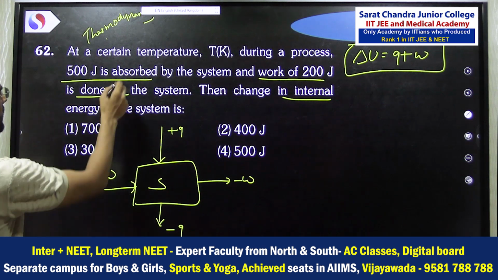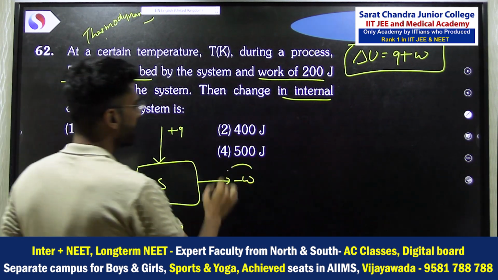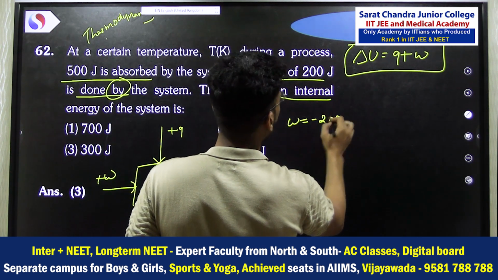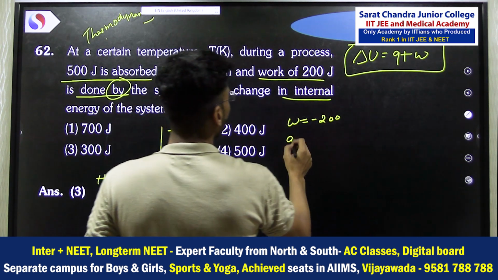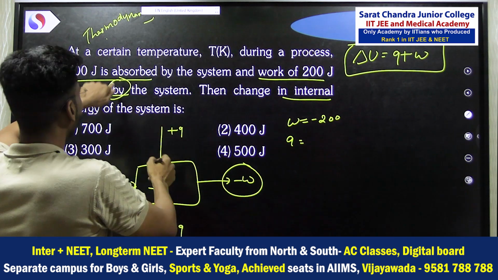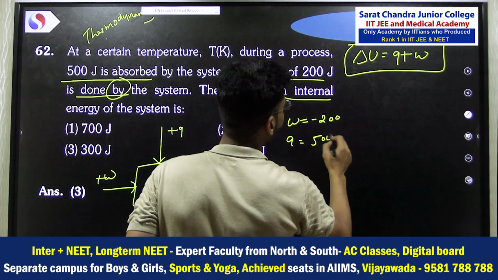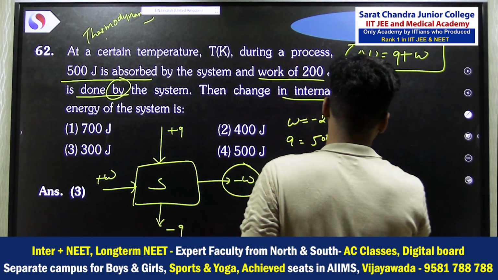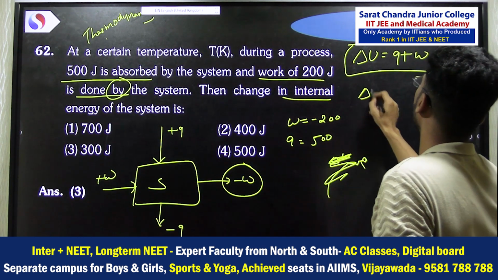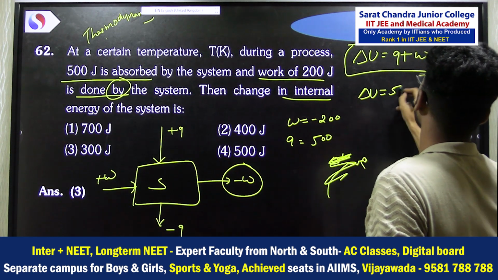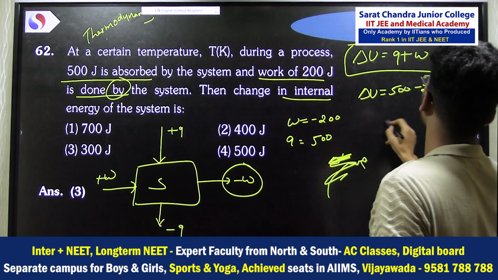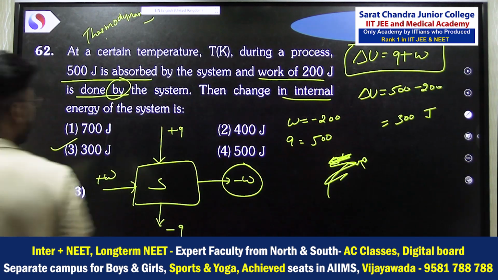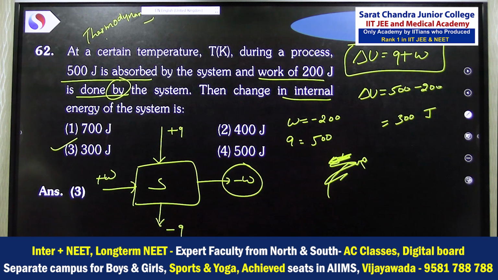So work done by the system is given, it is a negative value, minus 200. Q, heat absorbed, means positive 500. So internal energy change will be equal to 500 minus 200, equal to 300 joules. So option 3 is correct. So simple formula based questions are there.